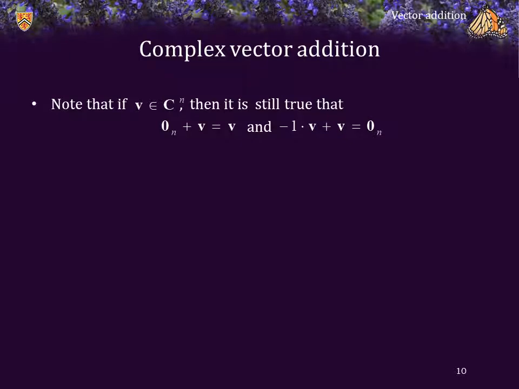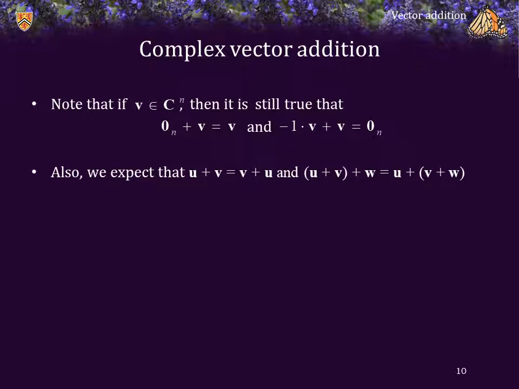Notice that if v is a vector in C^n, then it should be clear that the following are still true. First, the 0 vector in C^n plus v will leave v unchanged. And similarly, multiplying all the entries in the vector v by -1 and then adding that to v will result in the 0 vector.